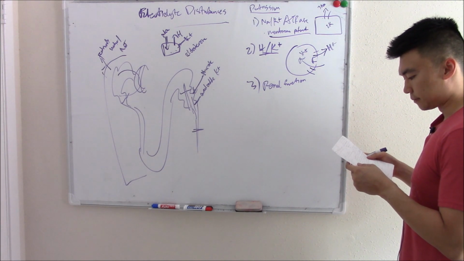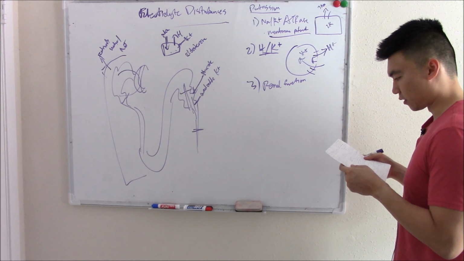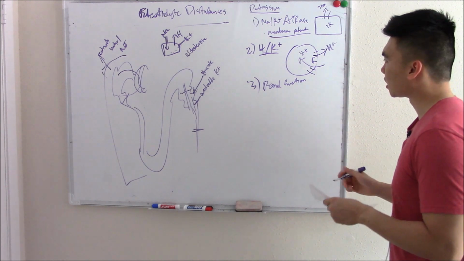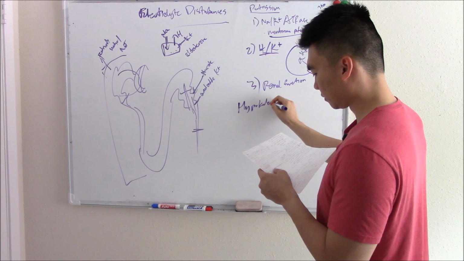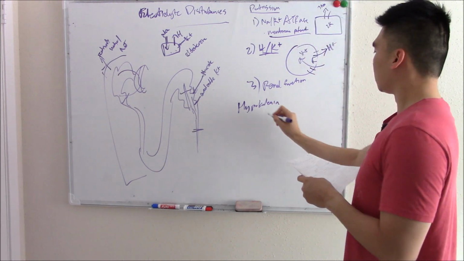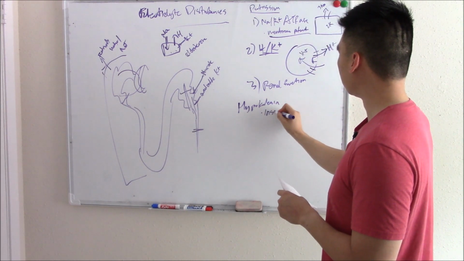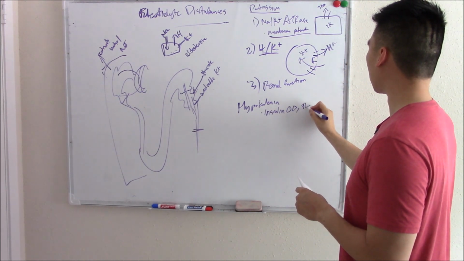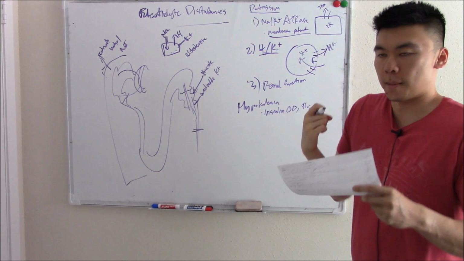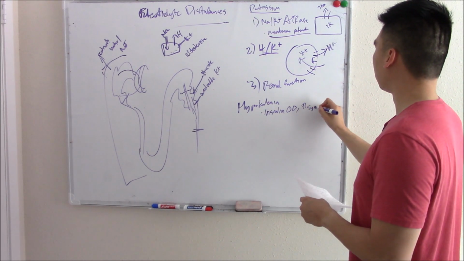Let's just talk about, which one should I tackle first? I think hypokalemia will be the easiest one to tackle. Hypokalemia. This is in things like insulin overdose, too much insulin, or increased sympathetic drive. That's your fight or flight response. Boom, boom, boom, heartbeat, all that stuff.